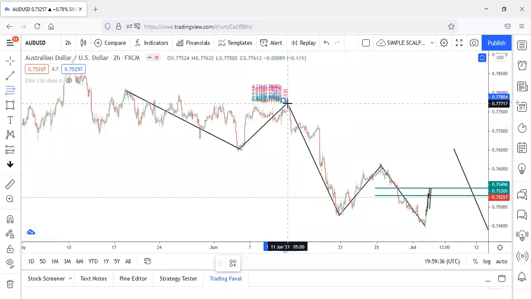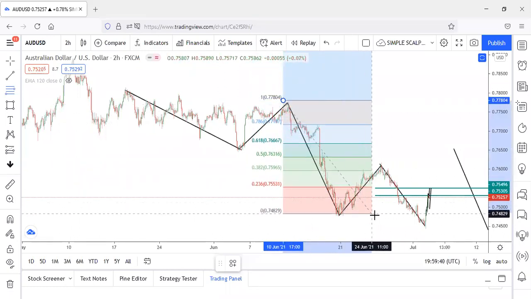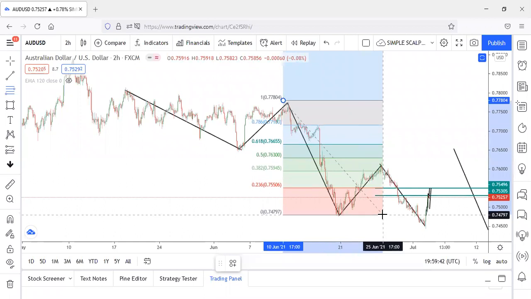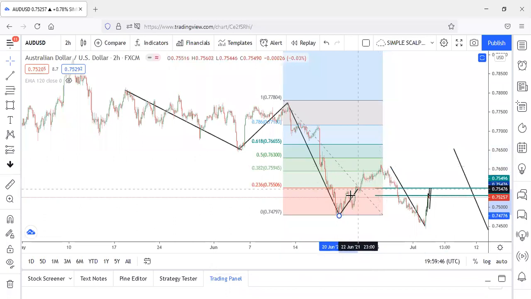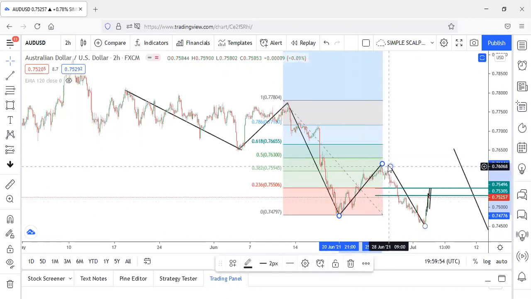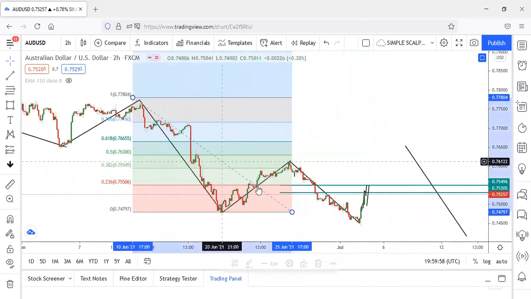So from the last high to the last bottom, and draw it to the future. From there, you are waiting for price to come up to either 50 or 61.8. I hope this is clear. I hope that answers your question.